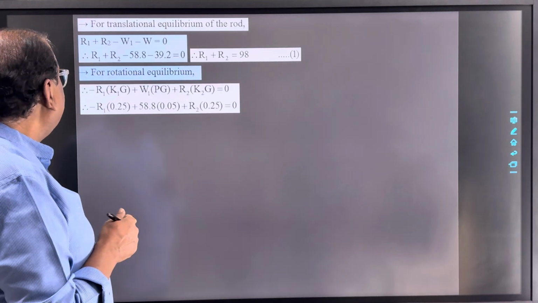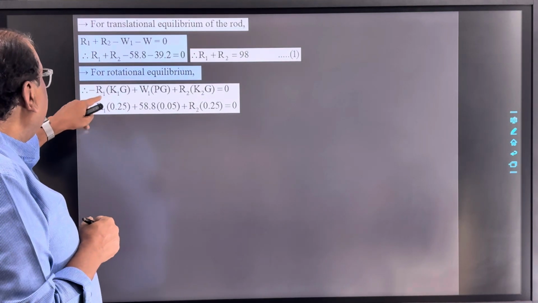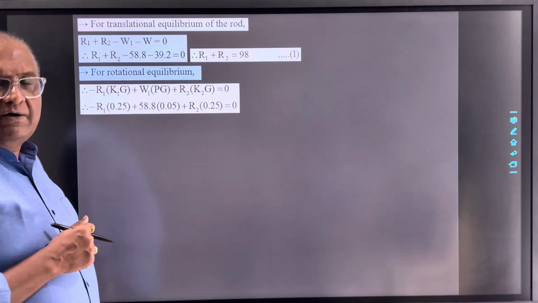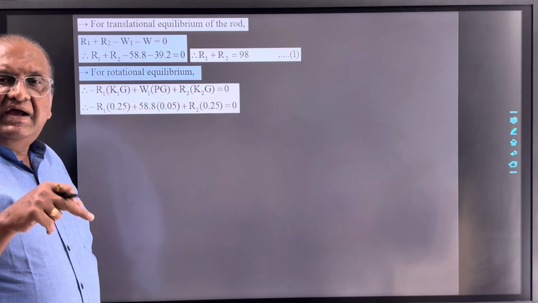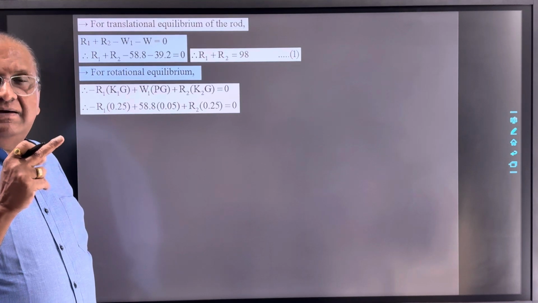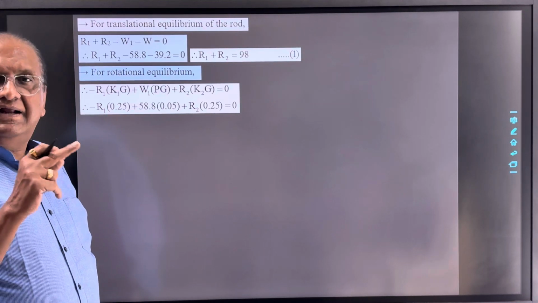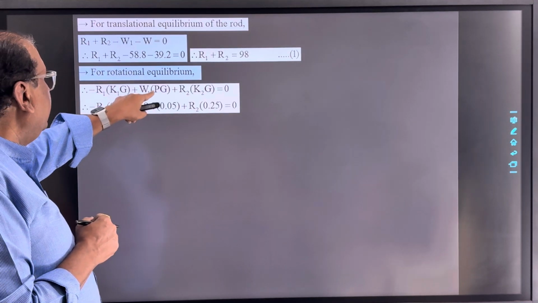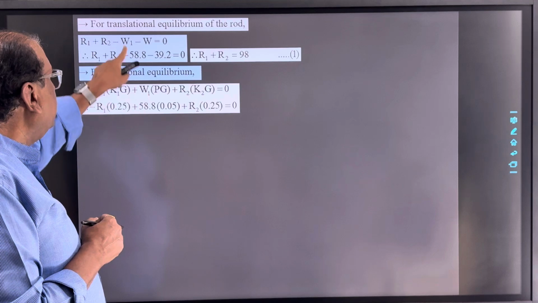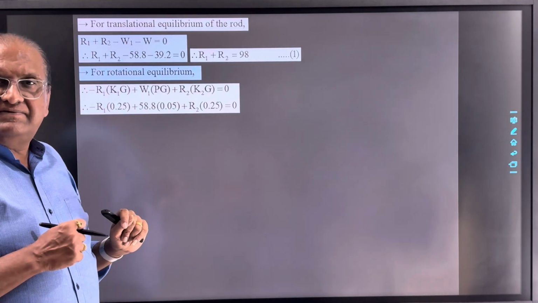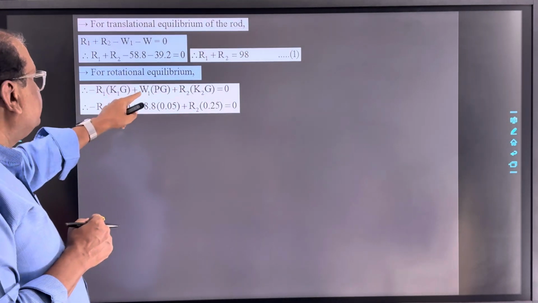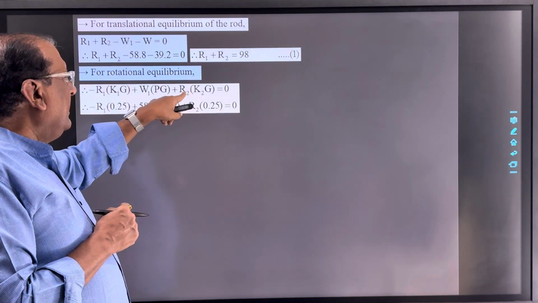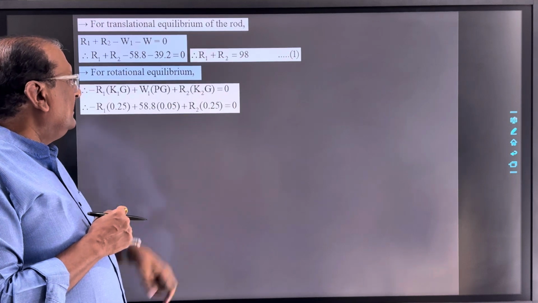So we can write now for rotational equilibrium R1 into K1G, that is the torque due to R1. Now here anti-clockwise torques are taken positive and clockwise are taken negative. So this one is negative. Then W1 into PG, that is the torque due to W1, that is anti-clockwise, so it is positive, plus R2 into K2G, anti-clockwise, that is positive, and that is equal to 0.